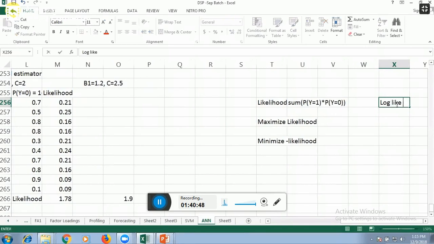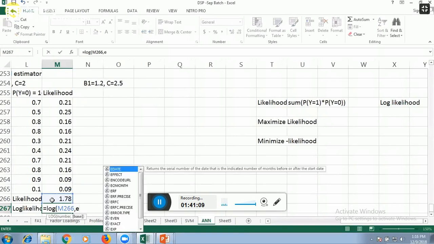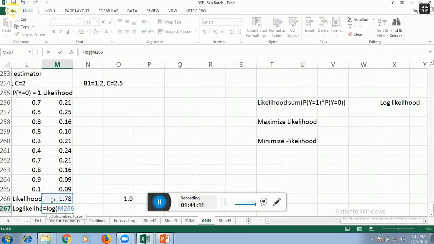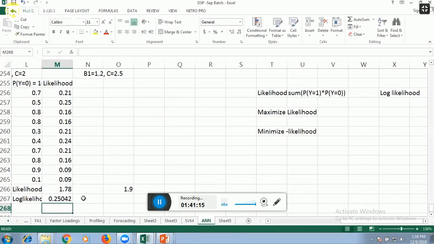So instead of taking 1.8 or 1.78, the log likelihood will be the log of this, and of course the base is e by default.